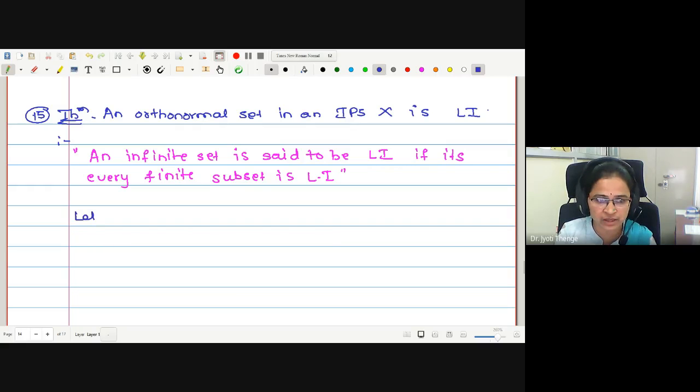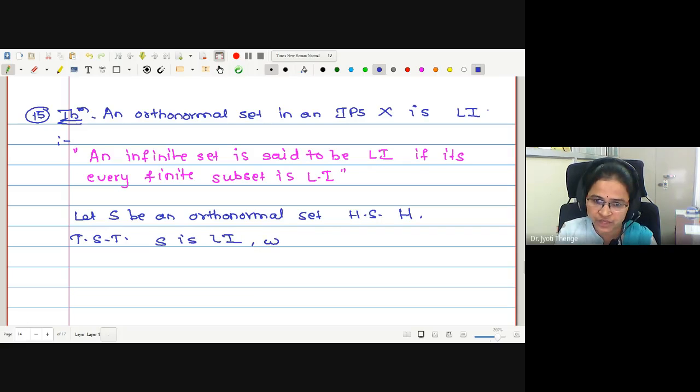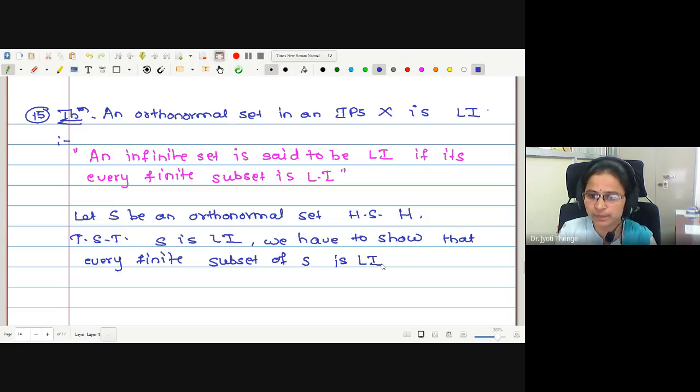Therefore, here I'll write: let S be an orthonormal set in a Hilbert space H. Now to show that S is linearly independent, we have to show that every finite subset of S is linearly independent.